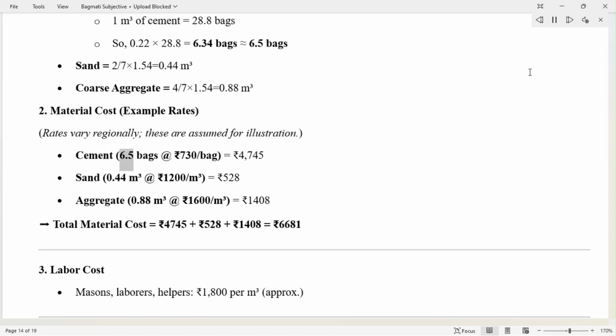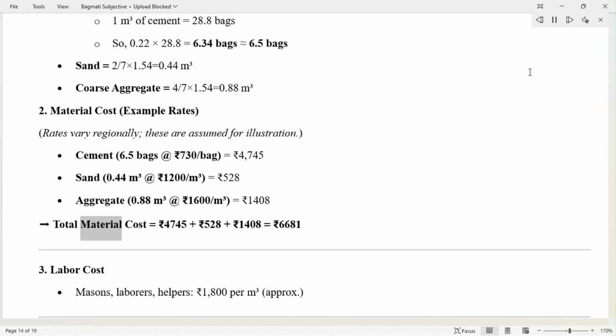Cement, 6.5 bags at Indian rupee 730 per bag, equals 4,745 Indian rupees. Sand, 0.44 cubic meters at 1,200 rupees per cubic meter, equals 528 rupees. Aggregate, 0.88 cubic meters at 1,600 rupees per cubic meter, equals 1,408 rupees.